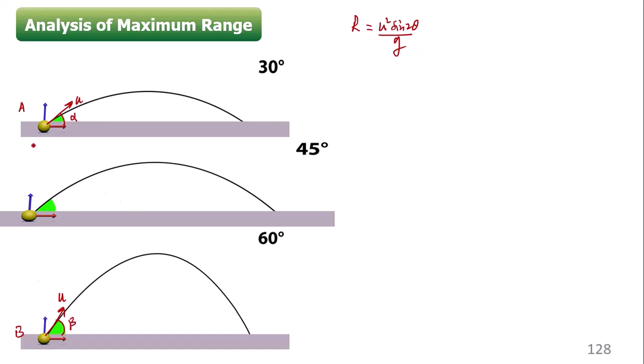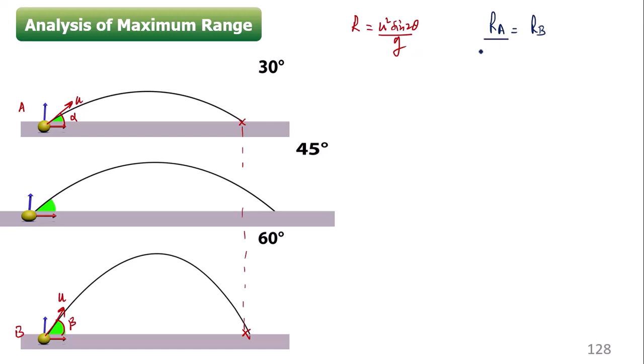So I observe that both the particles land at this point. That means these two points are the same. So the range for projectile A and the range for projectile B are both the same. That means RA should be equal to RB.